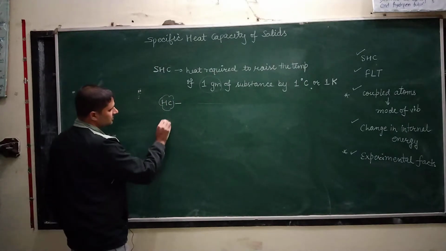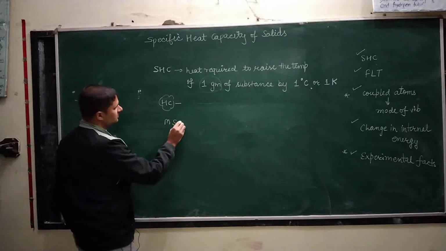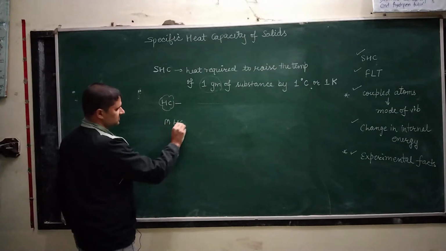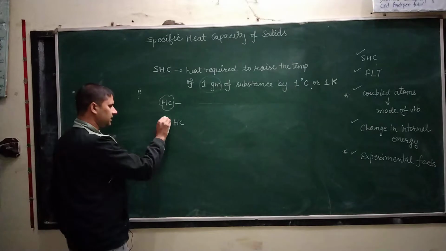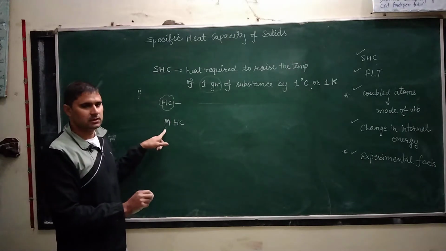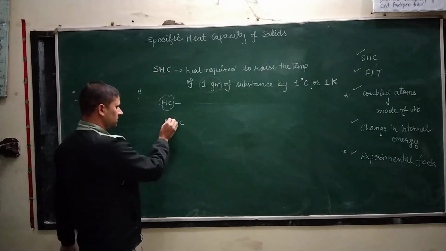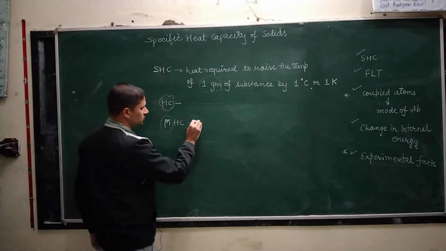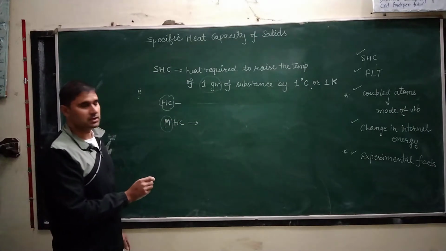And if we write specific molar heat capacity, okay, here I have specified again the amount of substance, it is 1 mole. So how will you define molar heat capacity?